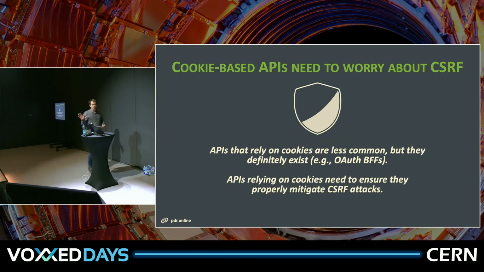Details are way too difficult to explain here, but look it up online. I've done talks about that topic as well, or just grab me right after the talk if you want to chat about this. But cookie-based APIs exist, they're not uncommon, and they're even a best practice in the world of OAuth. All right, just to make sure that this is relevant stuff.